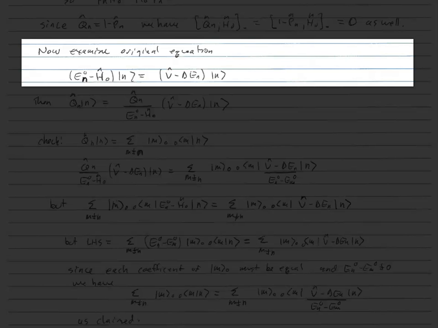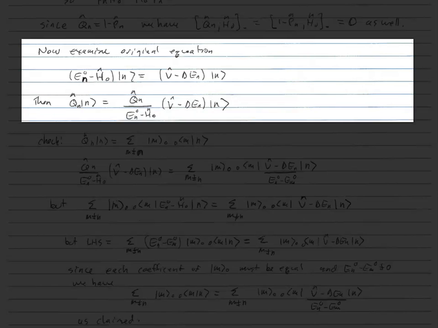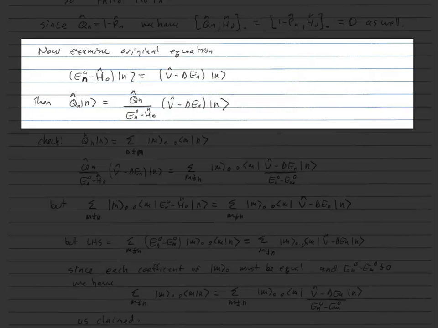En0 minus H0 acting on n, where n is the exact eigenstate, is equal to V hat minus delta En times the state n. We're going to now look at the state Qn times n. I'm just going to multiply by Qn on the left-hand side.